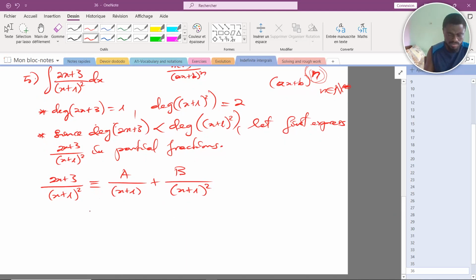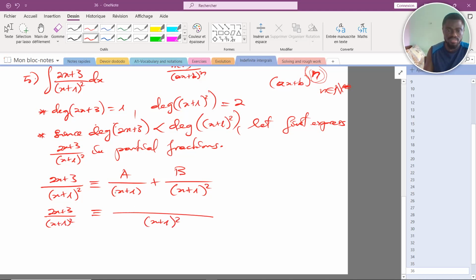I will just multiply all through, as you used to do when expressing in partial fractions. So here, (2x + 3) all over (x + 1) squared will be identical to, the LCM here will be (x + 1) squared.